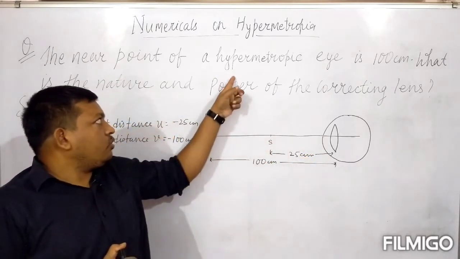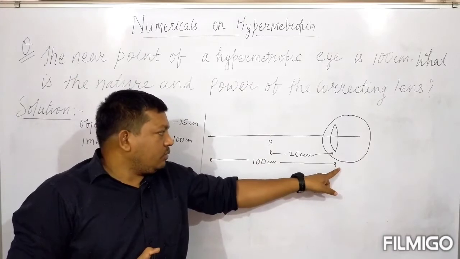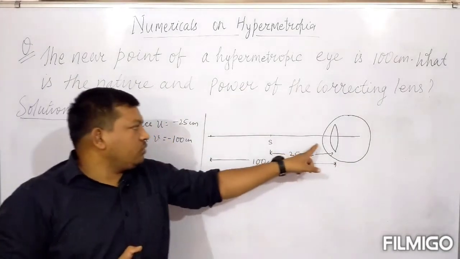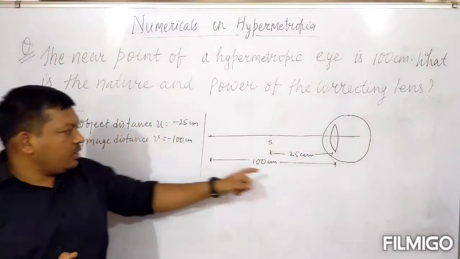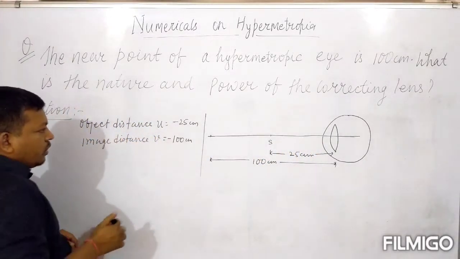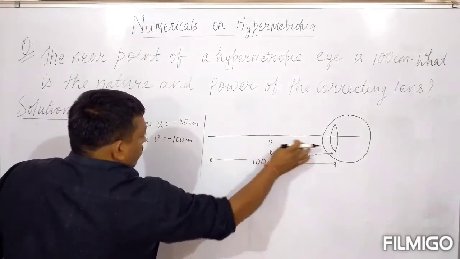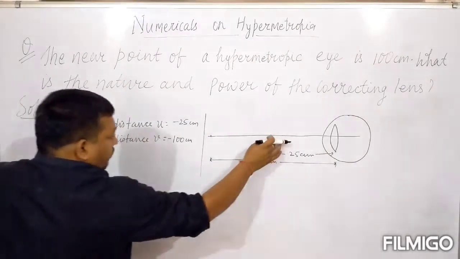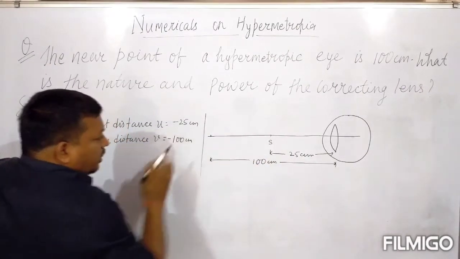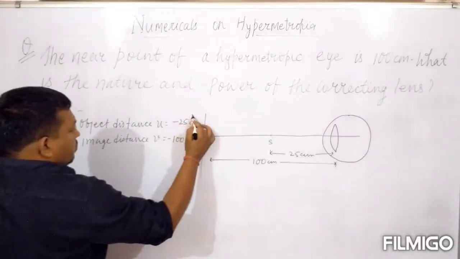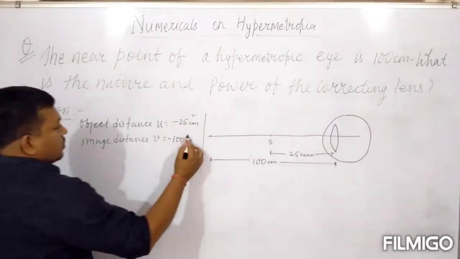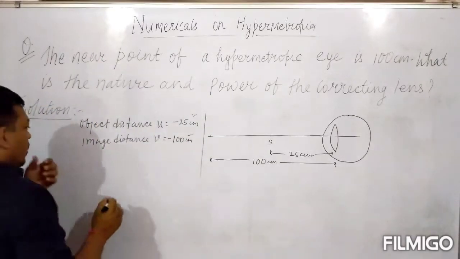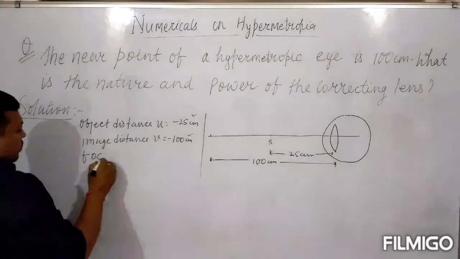But for a hypermetropic eye, which is given here, an object placed between 0 to 100 centimeter is not visible. So the object placed at 25 centimeter, its image is formed at 100 centimeter. So object distance will be minus 25, and image distance will be the near point which is given in the question.